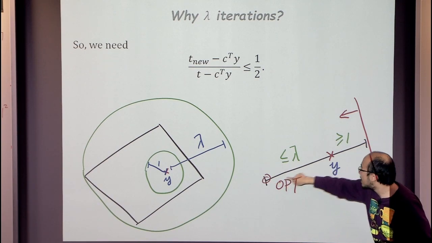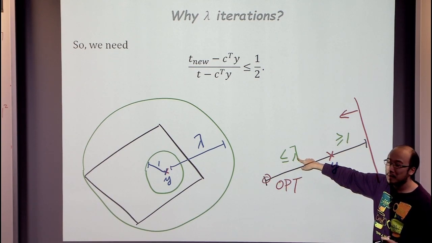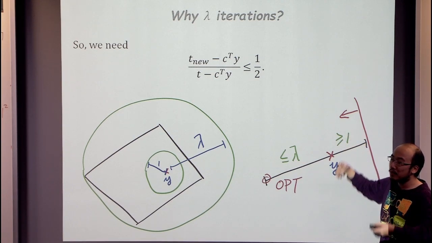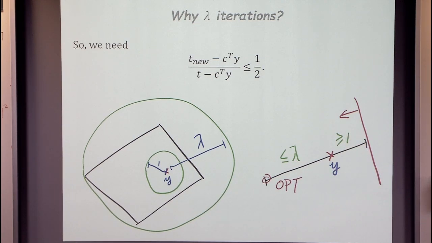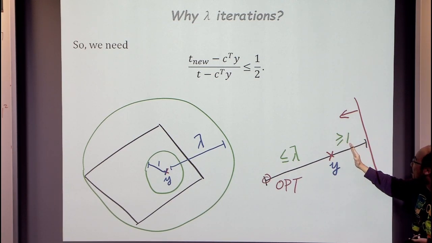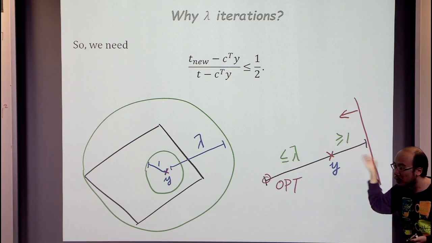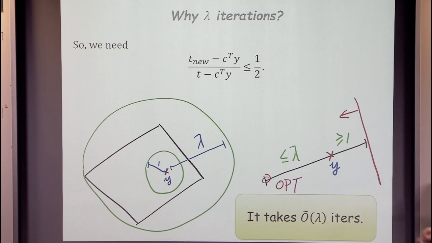And we know the distance here is at most lambda because you have a lambda-enlarged ellipsoid covering the whole thing. So each step you can move a constant fraction of the whole distance, and this gives you the proof of why it takes lambda iterations.